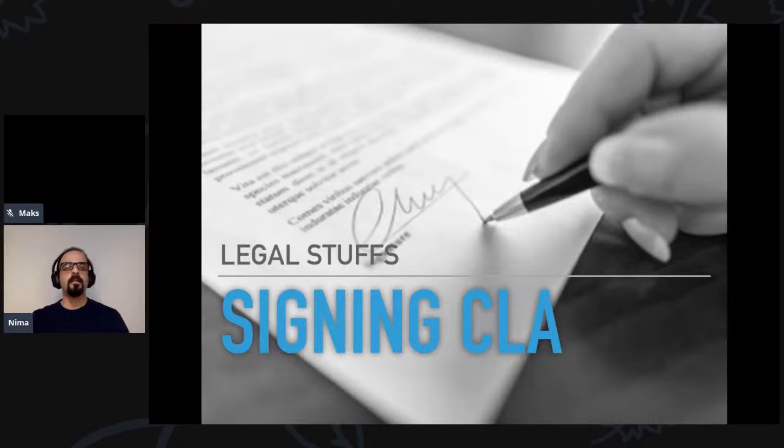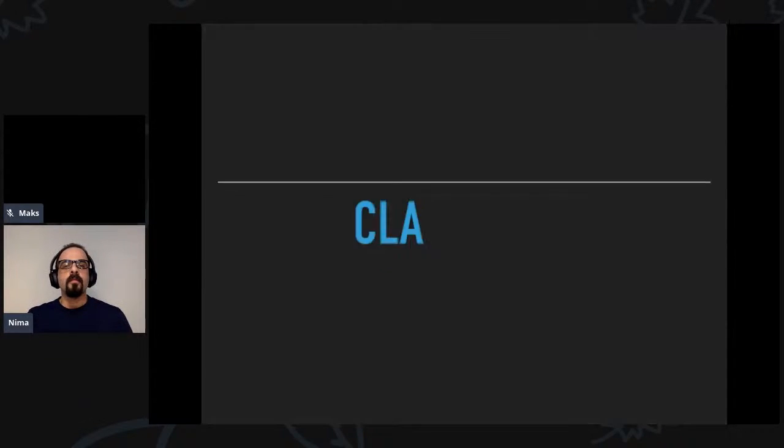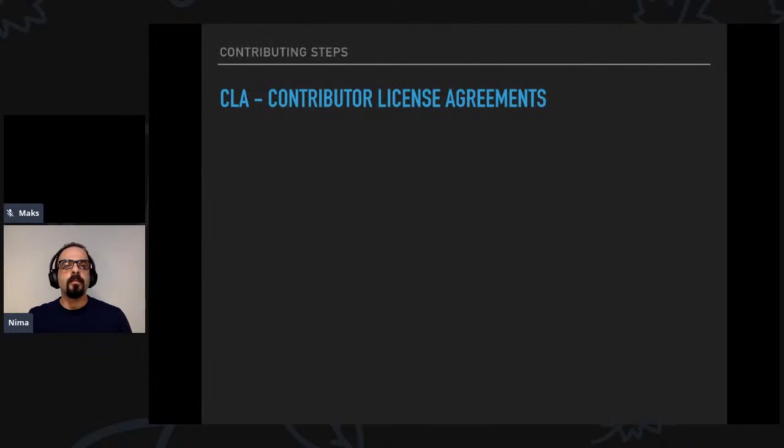The next step is legal stuff, which is signing the CLA. What is a CLA? CLA is the contributor license agreement. In simple translation, it shows that you are authorized to write that code in the PR, you are responsible for it, and you are a legal person or company to do that for this PR.